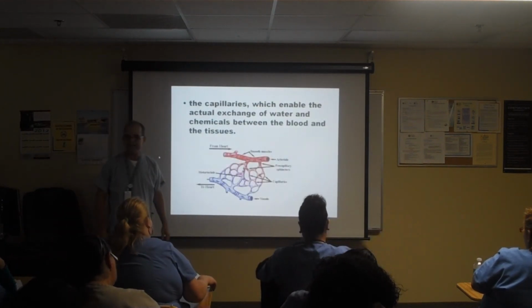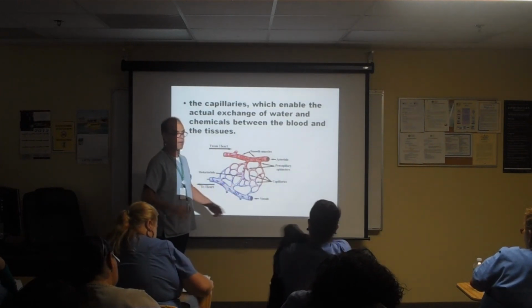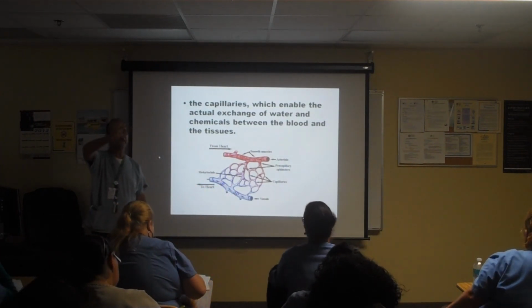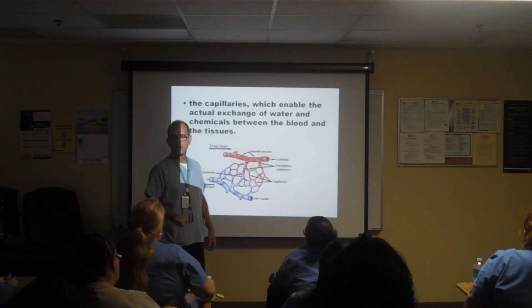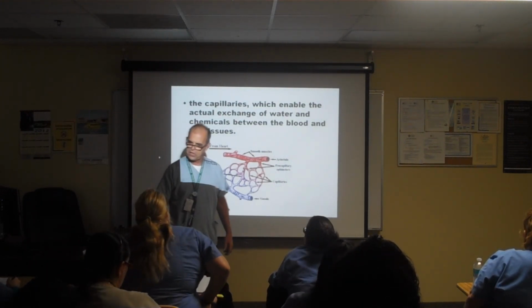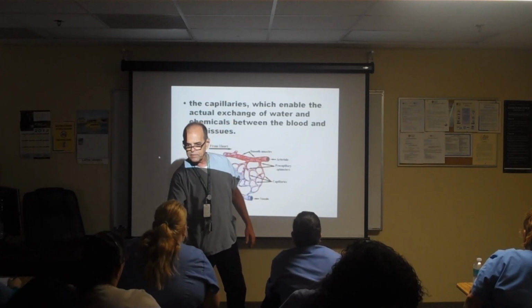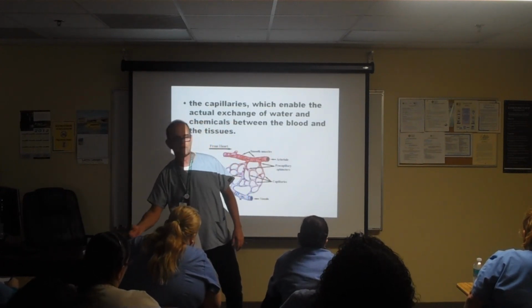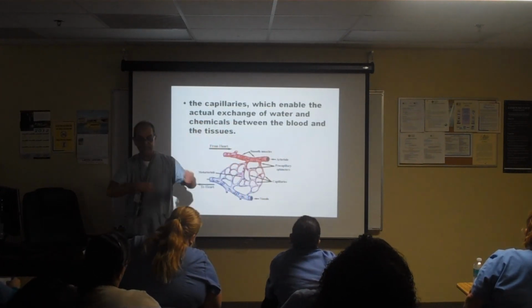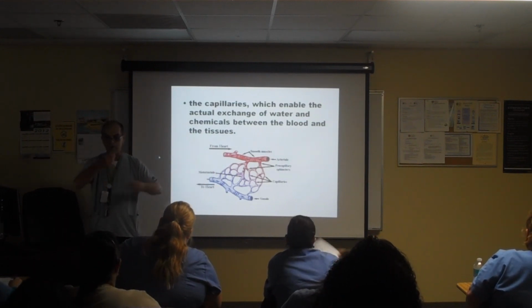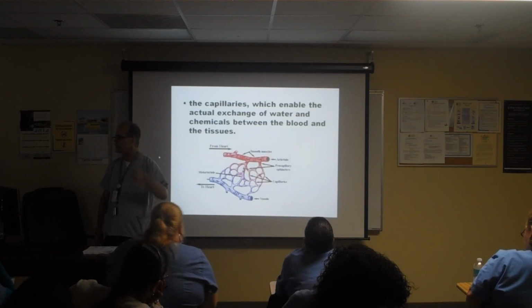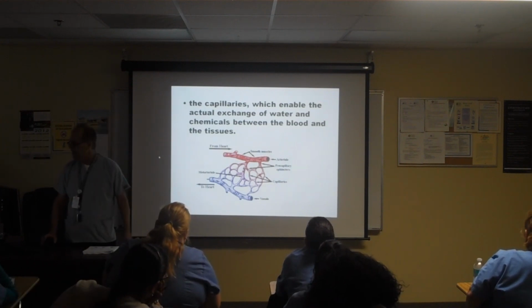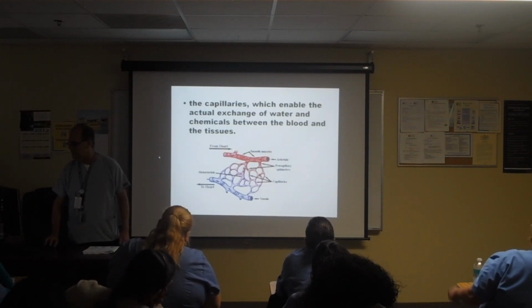The capillaries are the most important part because this is where the interchange happens. What things do you interchange here? The oxygenated blood gives oxygen, nutrients, electrolytes, anything, and white cells enter and go away to protect the body. The capillaries enable the actual exchange of water and chemicals between the blood and the tissues.